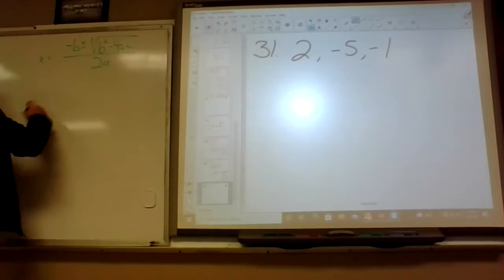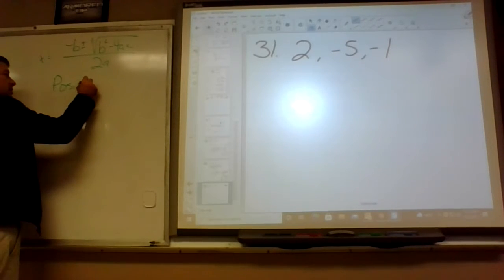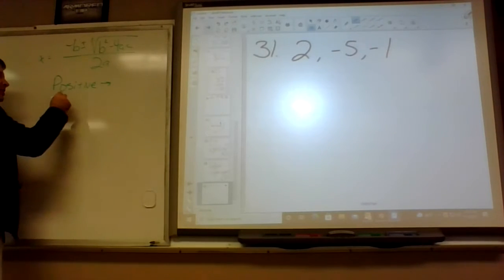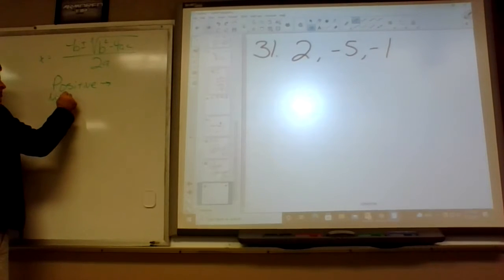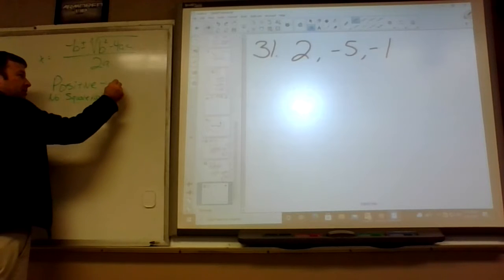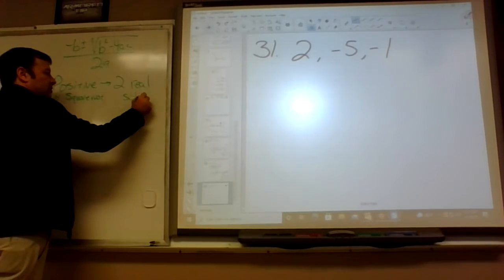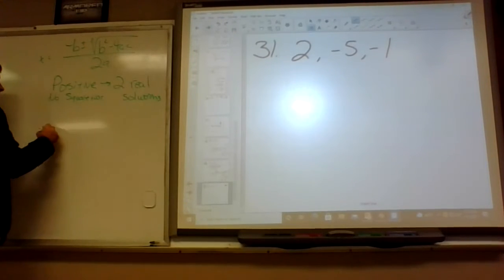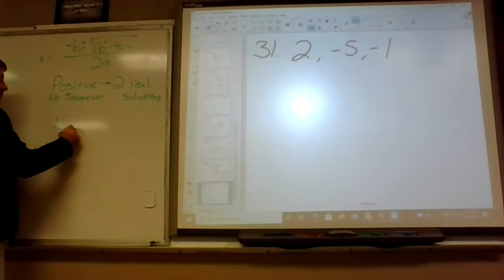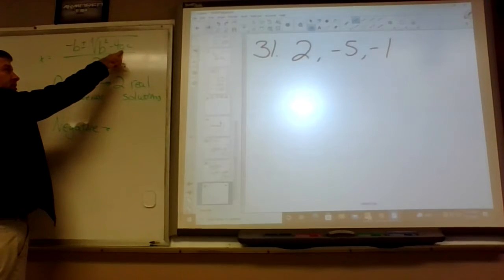So we have a few options. I guess I'll write them up here. If it's positive but it doesn't have a nice square root, then you're going to get 2 real solutions. If it's negative, what kind of answers do we get? Remember it was b squared minus 4ac, right?